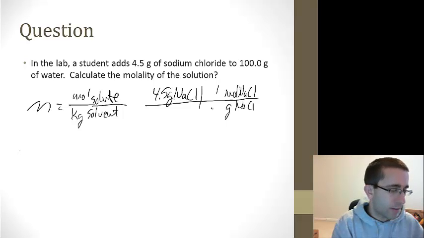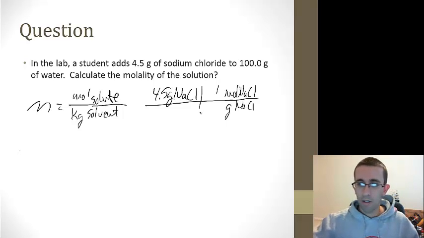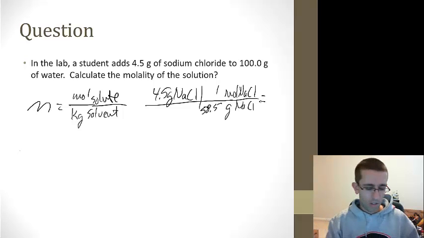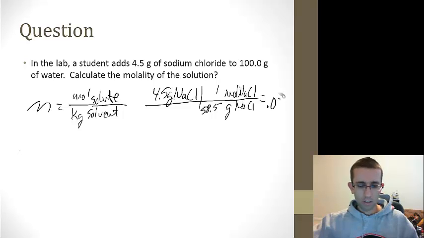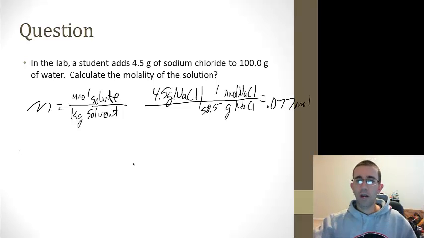For chlorine, it's 35.5. Add them up, and you get 58.5. So 4.5 divided by 58.5 gives you 0.077 moles of sodium chloride.